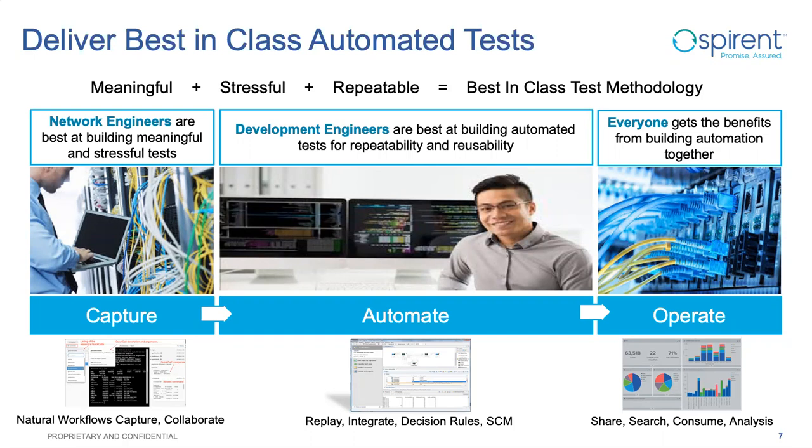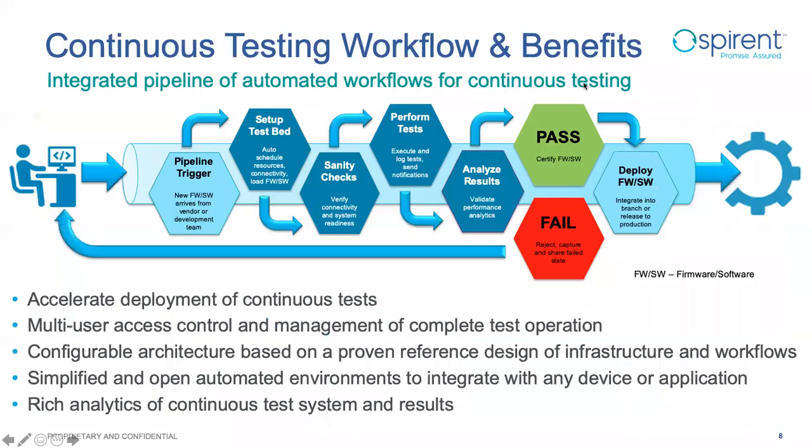We take those sets of requirements, the meaningful and stressful test case, and we make that repeatable. That adds the capability of doing things that you wouldn't necessarily be able to do manually, because of the nature of having to repeat or loop those test cases and really add additional stressful activities.